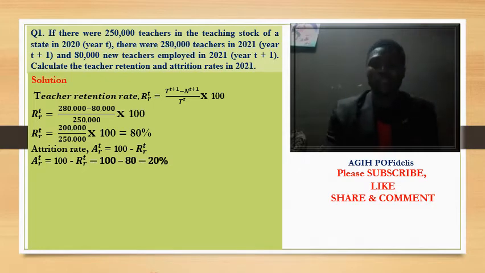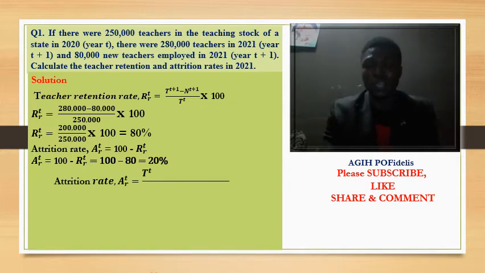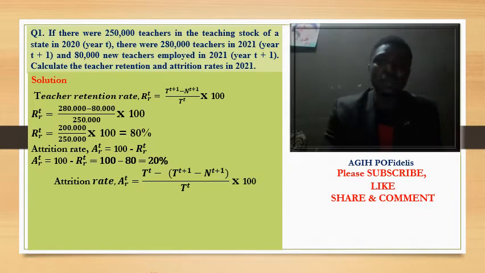Another way of calculating the attrition rate, as stated earlier, is by subtracting the number of newly employed teachers, if there are any, from the total number of teachers that are currently in the school system, from the number of teachers that are in stock.